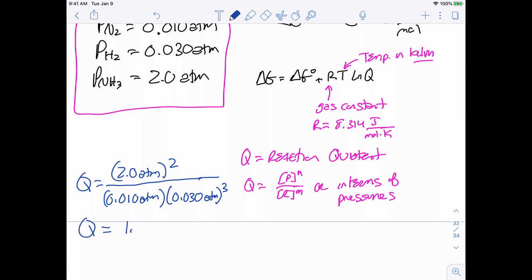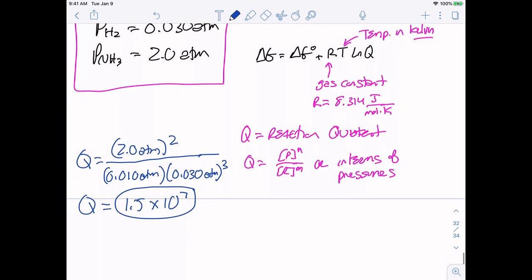So 1.5 times 10 to the 7th power. And again, you can do that work as part of the whole thing. I don't know, I function better when I break stuff into pieces. So I have that number.